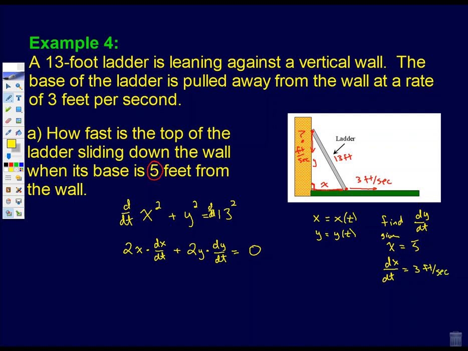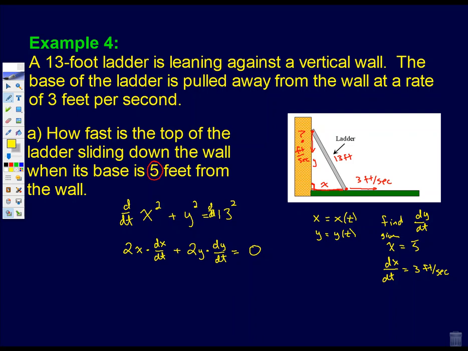Now, I've set everything up here, but there's one thing left in this equation that I do not know yet, and that is I don't have a number to put in here for y. I encourage you to pause the video right now and decide for yourself. If I know that the ladder is 13 feet long, if I just freeze the action for a moment and imagine that the distance here is 5, how would you know what the y is?